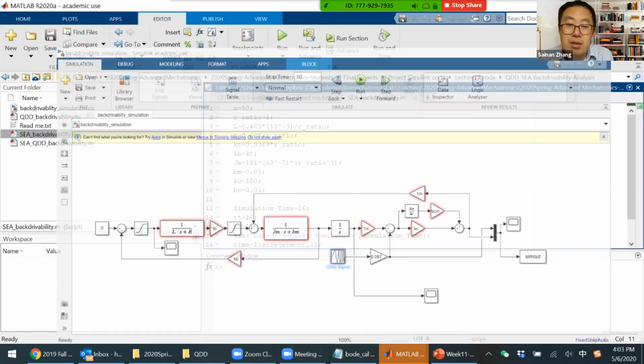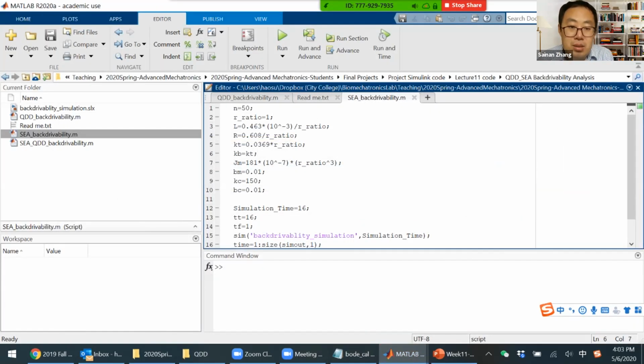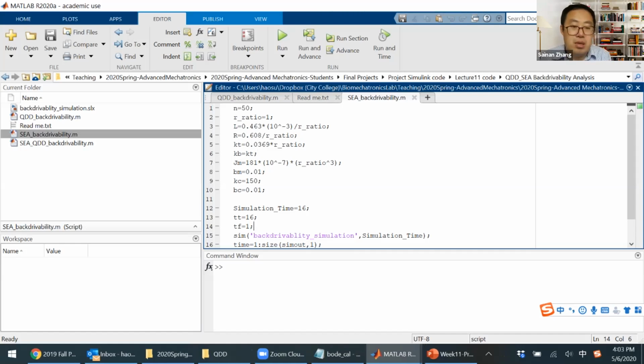So basically, we define this parameter, TF here, and 1 hertz. But you need to tweak those parameters, and that's why we didn't tell you all the details, but we give you 99% of the stuff. As long as you understand this, it's pretty easy for you to do all the rest.